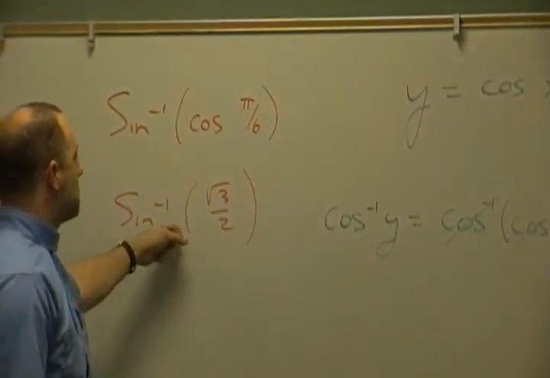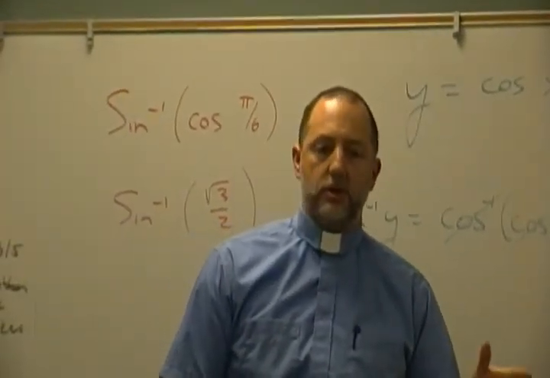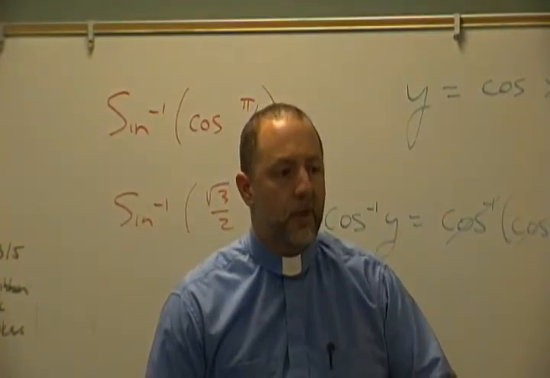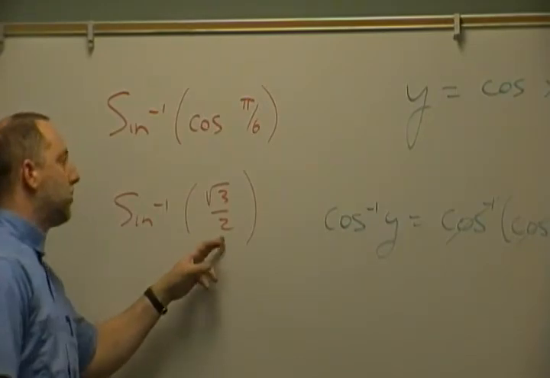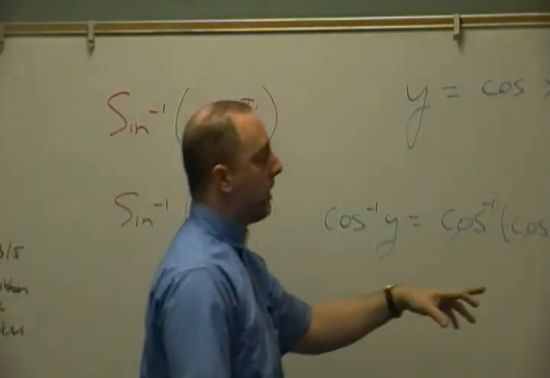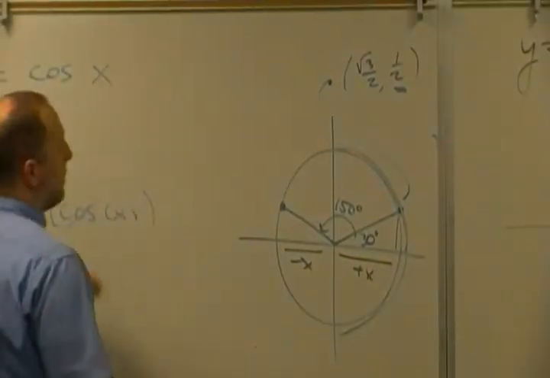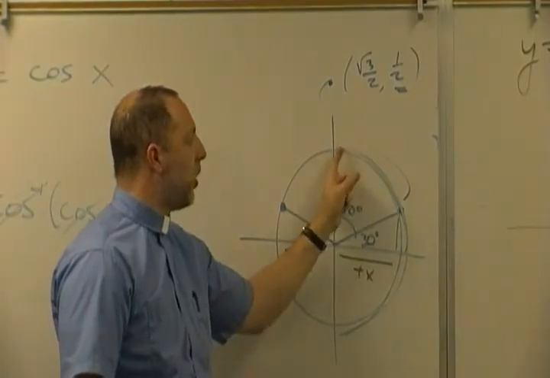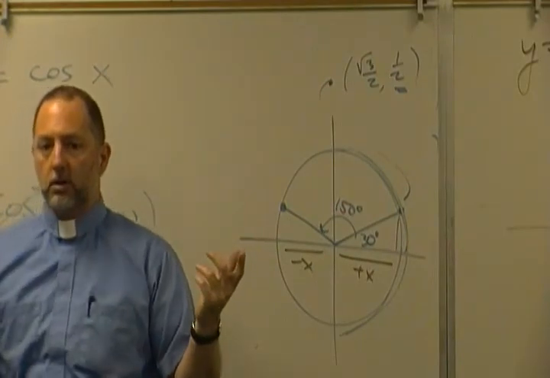So now I ask, what is sine inverse of square root of 3 over 2? Anytime you have sine inverse, cosine inverse, or tangent inverse, I'm asking for an angle. I am saying what angle of sine gives me the value of square root of 3 over 2. If I go back to my unit circle, I know that square root of 3 over 2 is positive, so it's going to be in the first quadrant. When is my y value square root of 3 over 2?